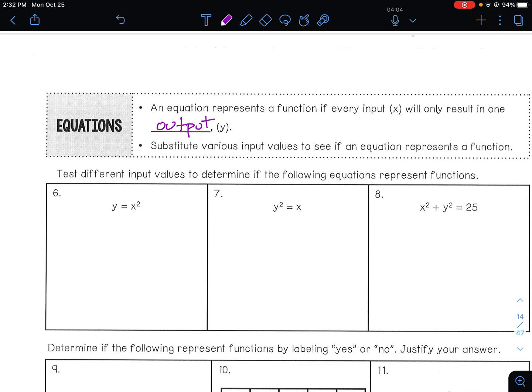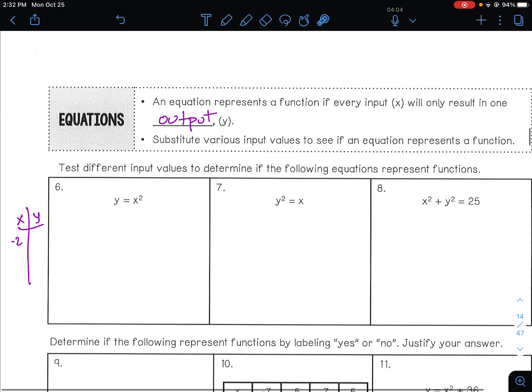So I need to use a table for this one. If x is negative 2, what's negative 2 squared? Well, negative 2 times negative 2 is 4. So y equals 4.